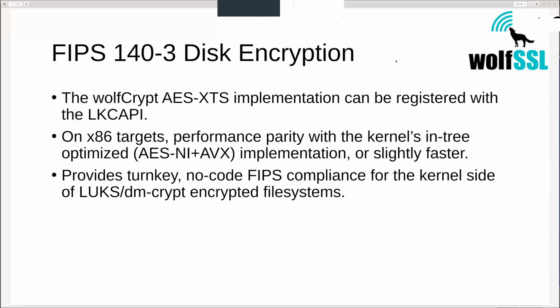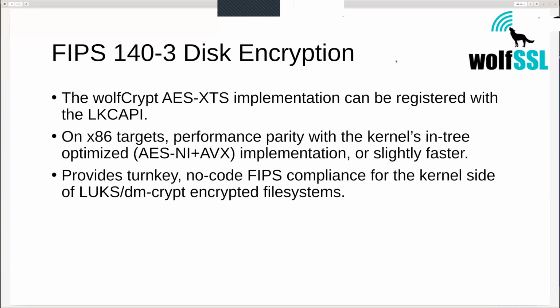So I'll just go through some of the headline use cases for kernel cryptography that are currently supported by libwolfssl.ko, the kernel module build of libwolfSSL. The most obvious one is, of course, disk encryption. Disk encryption needs to be done in the kernel.